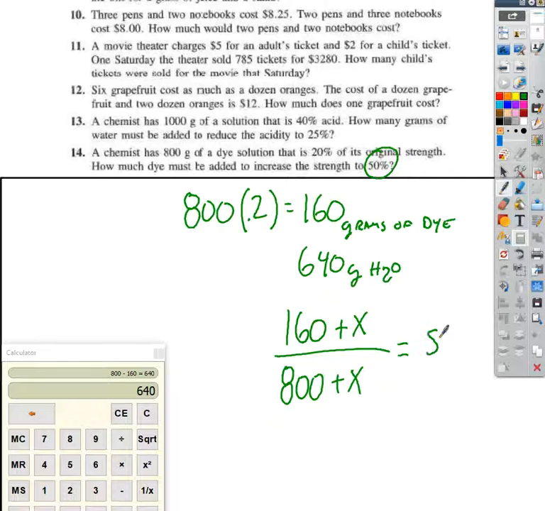Well, geez, I don't know what to do with this. Although, 50%, there's got to be another way to write 50%. Can you think of another way of writing 50%? No? I could write it as 0.5, but you know what?